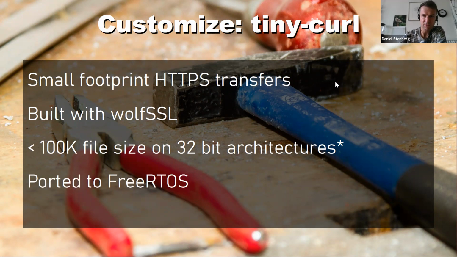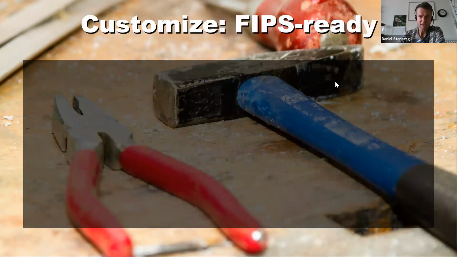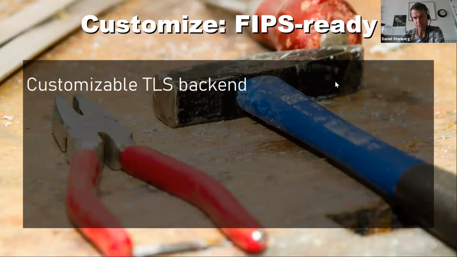So that's for the tiny devices, basically those that are too small to run Linux or another larger operating system. And of course, we support this at wolfSSL. It is FIPS ready, since you can build cURL with a huge set of different TLS libraries.